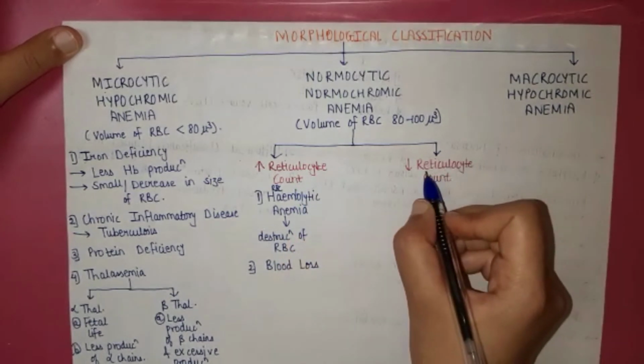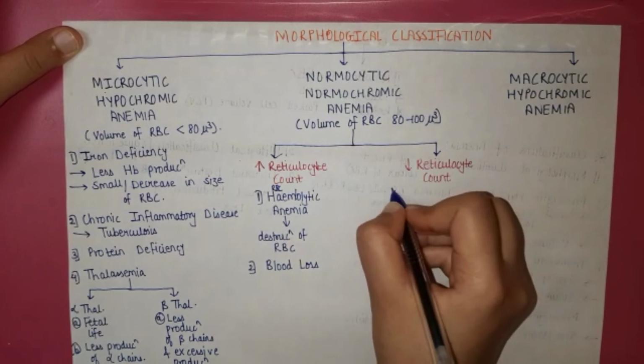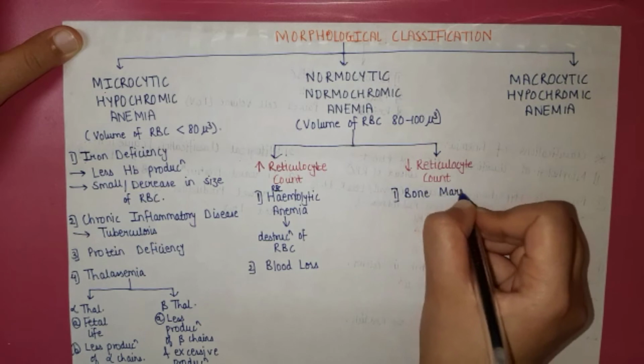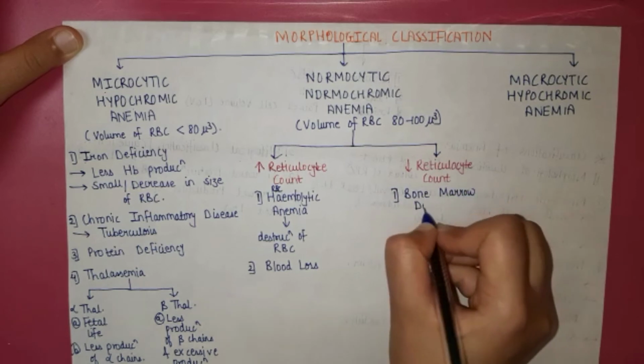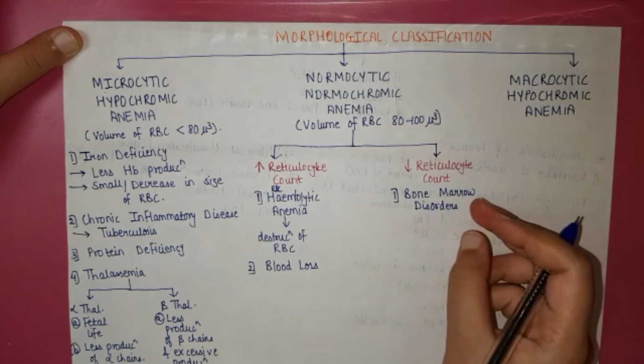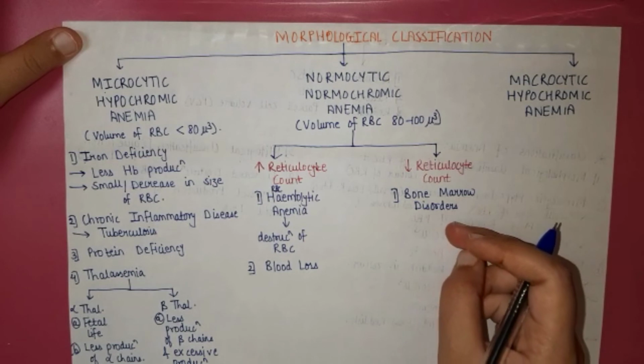Now moving further to the decrease in reticulocyte count, the first cause is bone marrow disorders. Now what is bone marrow? Bone marrow is the main manufacturing factory of the raw material of the RBCs.